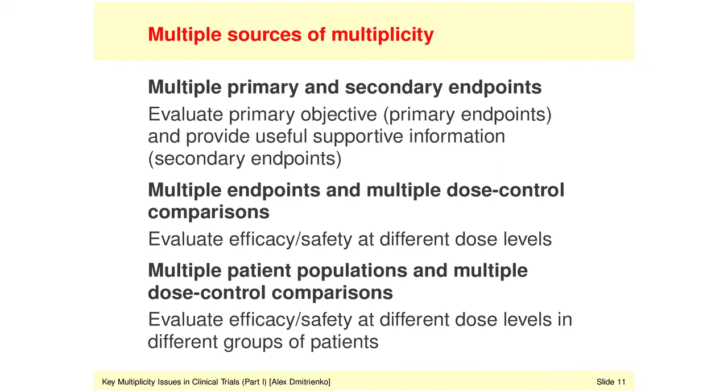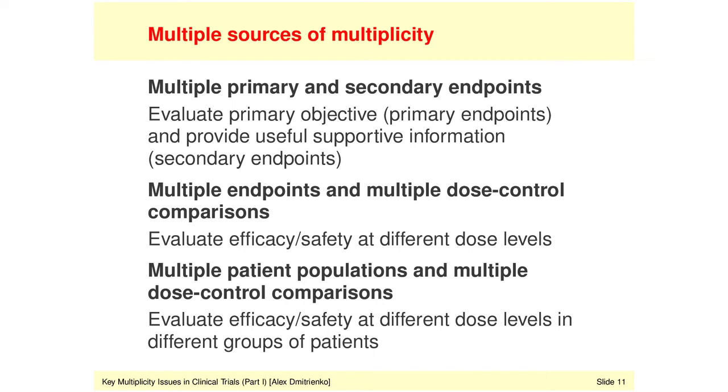For example, the general population of patients, that is very commonly referred to as all-comers population, and also a pre-specified subset of the overall population that may be based on a certain baseline patient characteristic. Once again, here we see that there are two dimensions or two sources of multiplicity in this example.